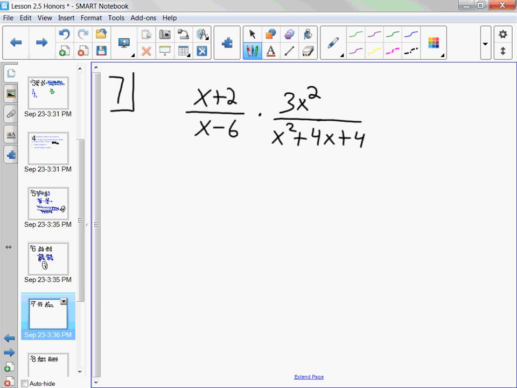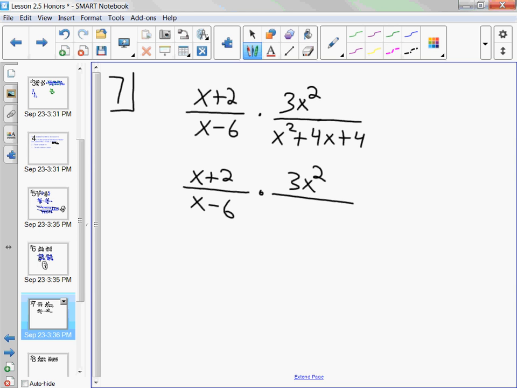Okay, we're looking at number 7. Notice the x plus 2 is already factored completely. The x minus 6 is factored completely. The 3x squared, you could write it as 3 times x, but the x times x isn't going to help you in this case right here. But we're going to rewrite the bottom right fraction. We can factor that trinomial.